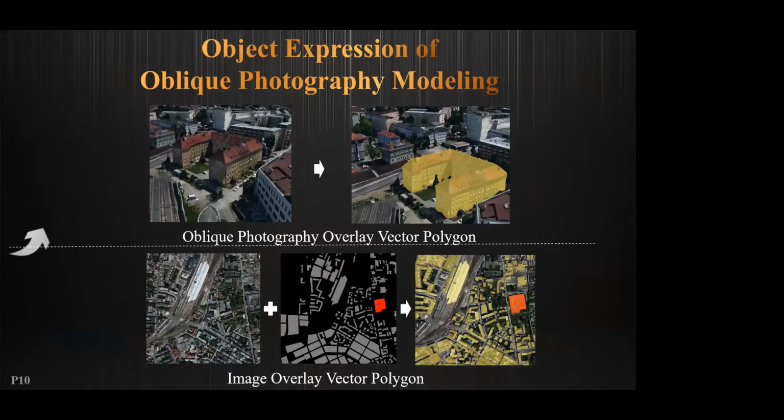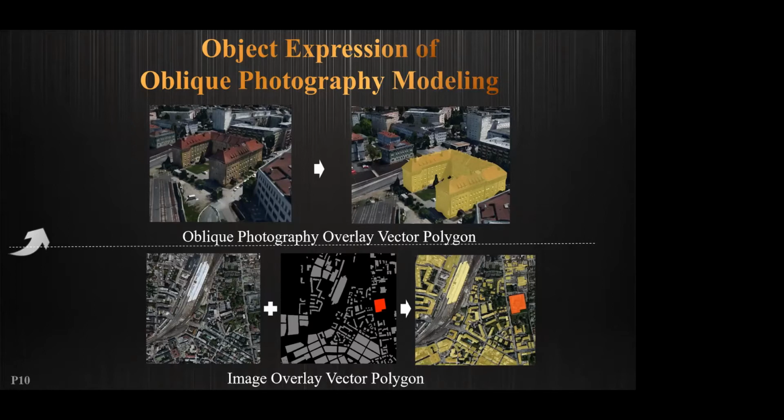In order to make them independent, we need to use some methods to extract the building or extract the object from oblique photography.